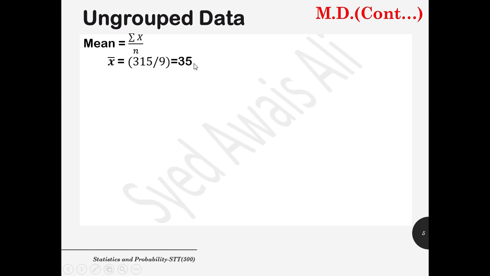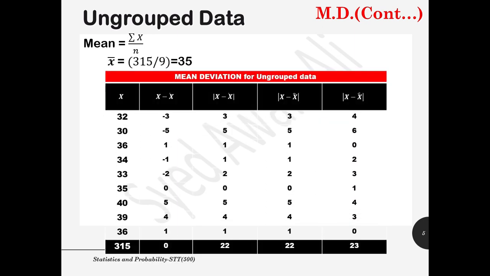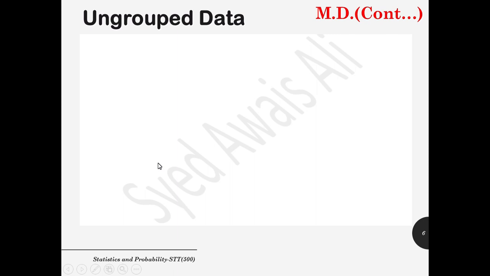Moving toward our next table, that is mean deviation for ungrouped data. We have the values of x: 32, 30, 36, 34, 33, 35, 40, 39, 36, and the sum of these values is 315. Then we subtract the mean, x minus x bar. 32 minus 35 will be minus 3, then 30 minus 35 will be minus 5, 36 minus 35 will be 1, 34 minus 35 will be minus 1.